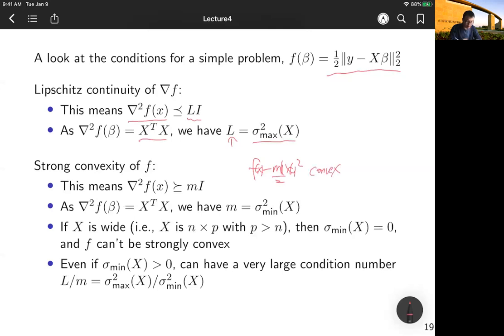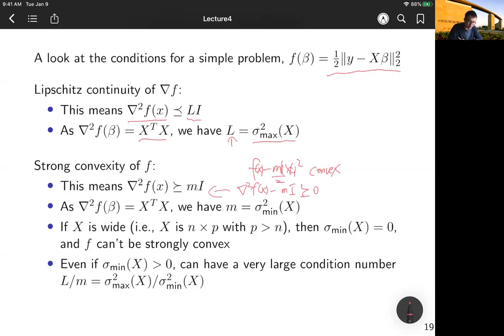When we take the second derivative of the whole thing, we end up getting that the Hessian of function f minus m times identity needs to be positive semi-definite, which gives us this condition.